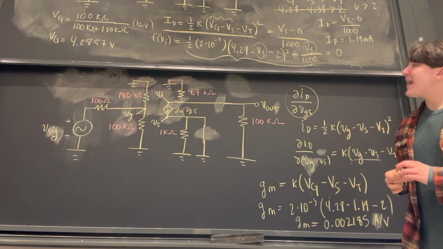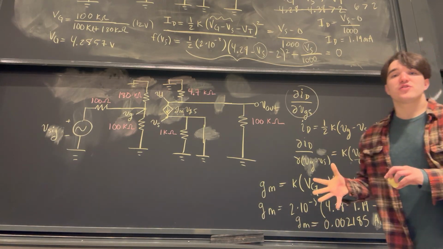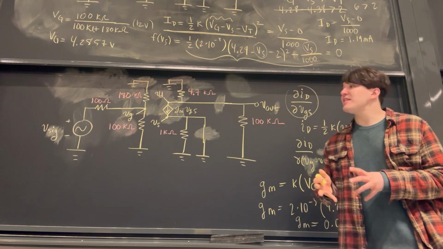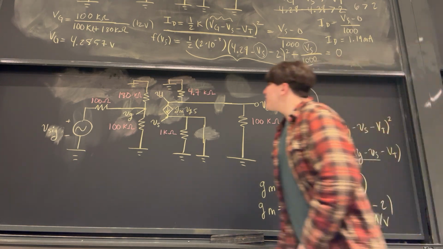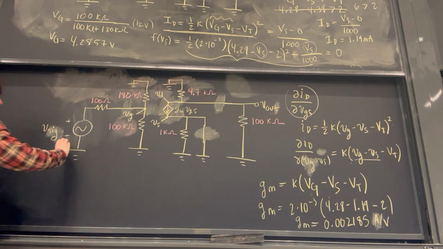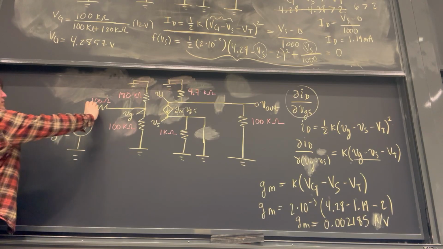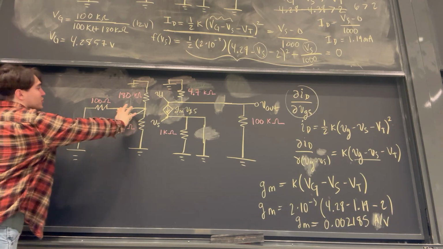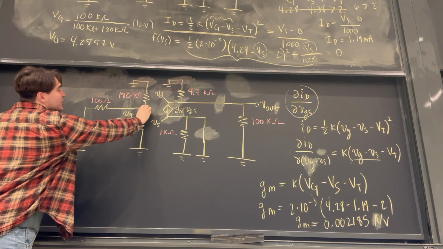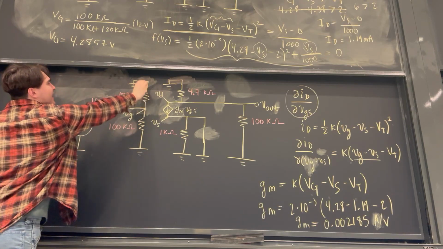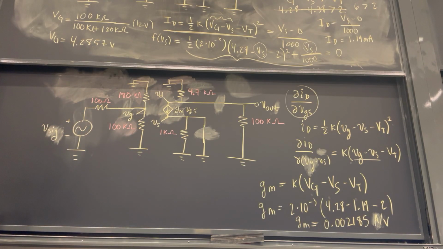Well, let's redraw the circuit in a way that makes our lives a little bit simpler. If you notice, we have this circuit here, but then it has these two branches, one resistor to ground and another resistor to ground. Is there a way that we could make that a little bit more palatable? Let's redraw it where this is v signal.